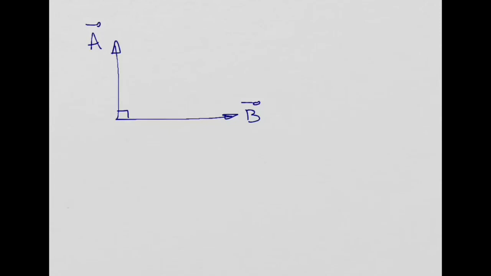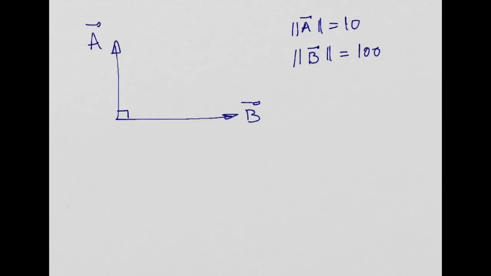This is 90 degrees, they are perpendicular. I'm going to give some values here. Let's say the norm of A, or the intensity of A, is 10. I'm not going to put any units. The norm of B is 100.